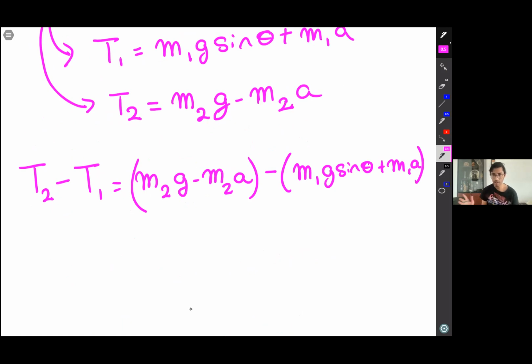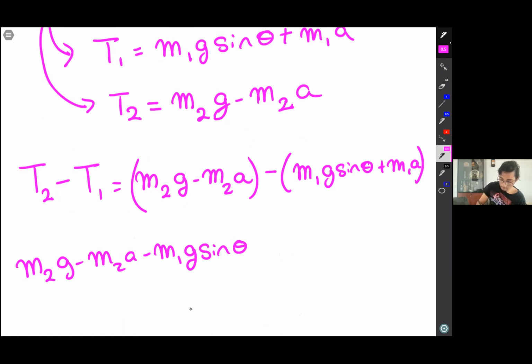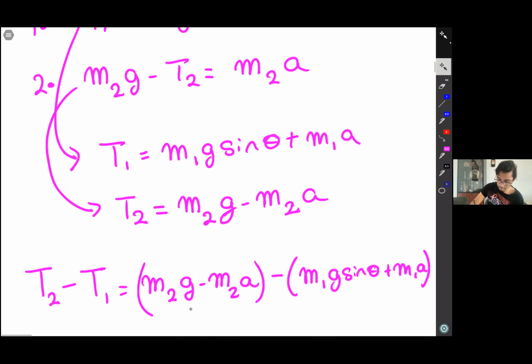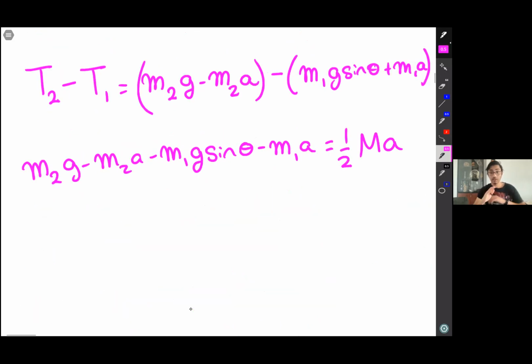Let me expand the brackets. We'll get M2G minus M2A, which is T2, minus M1G sine theta minus M1A. And what is this equal to? Well, this is equal to half MA. Now this is finally great.